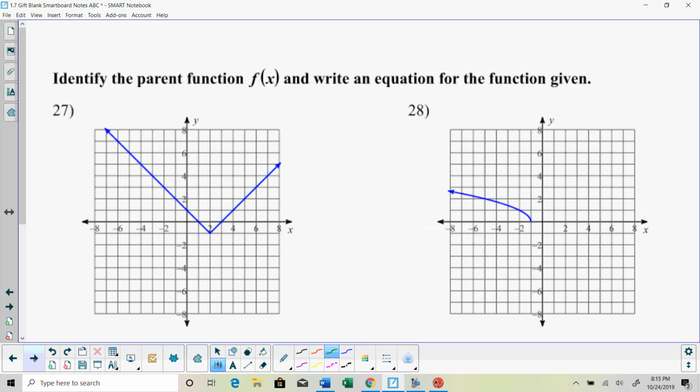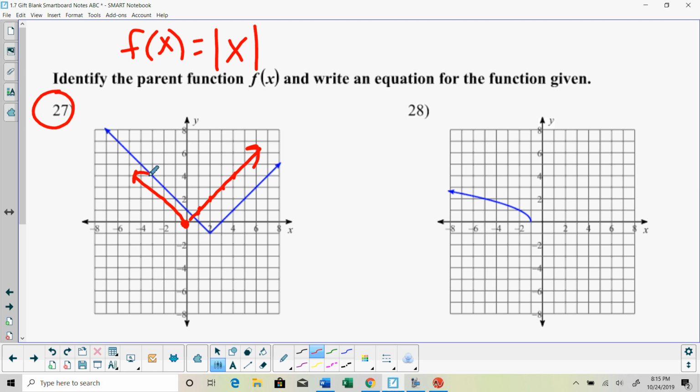This one says identify the parent function and write an equation. So this time you're given a graph and you've got to write the equation. Hopefully you're recognizing for number 27 that this is absolute value of x. Notice the absolute value of x would normally start at (0, 0), go through (1, 1), (2, 2), (3, 3), (4, 4). It's just a V shape right here.